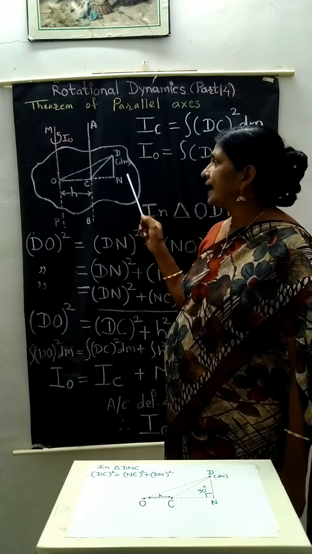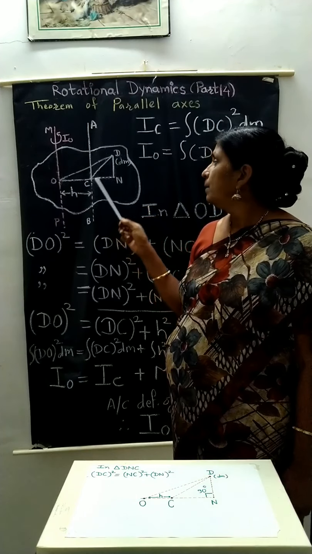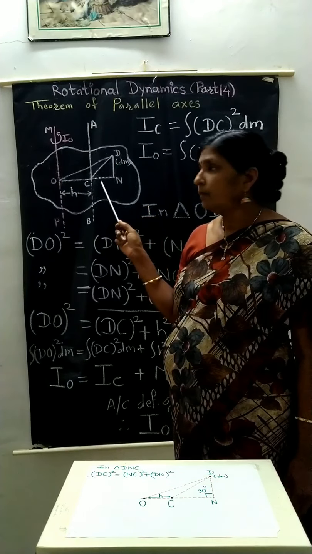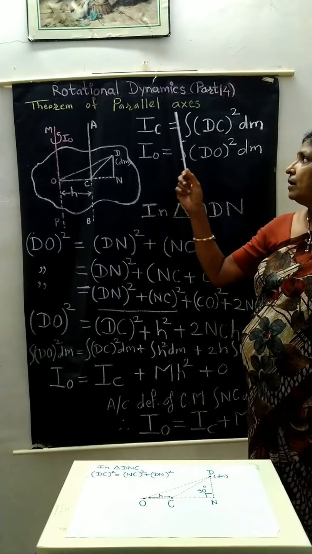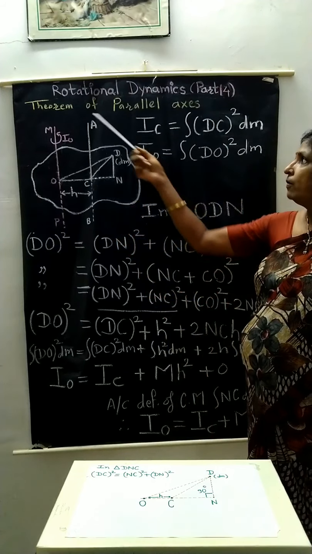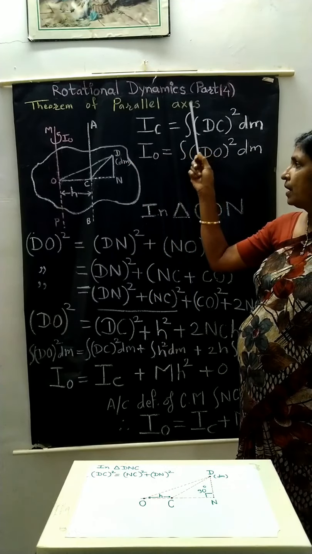In these two triangles, we are going to apply the Pythagoras theorem for proving this statement of the theorem of parallel axis.